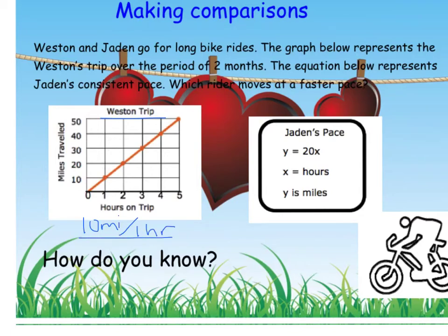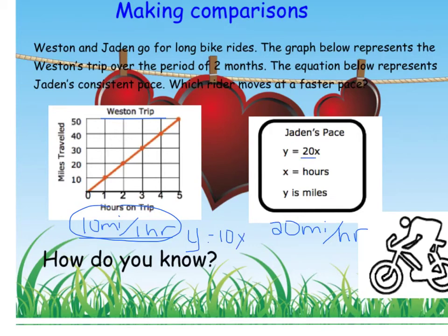That's his rate. For Jaden, it's extremely easy to find the rate in any proportional equation because remember, it's always that coefficient. So the coefficient there says 20, so Jaden was going 20 miles per hour. We could have written Weston's in an equation. We know that his distance was 10 miles per hour, so it would look like that.